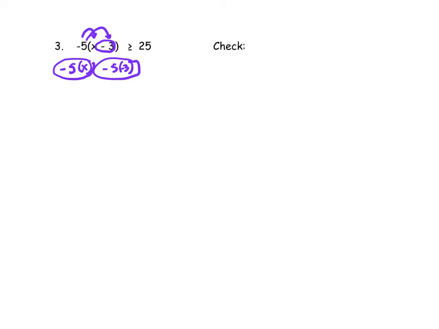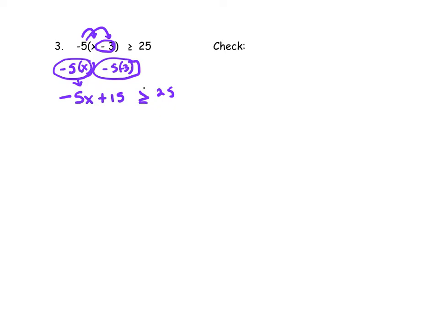I'm going to ignore the greater than or equal to 25 right now. So I have -5x, that's our first term, and then -5 times -3 is a positive 15, so I'm going to write that as plus 15. And now that I have this side simplified, I'm going to go ahead and write that this is greater than or equal to 25.